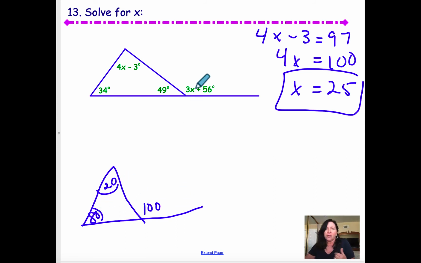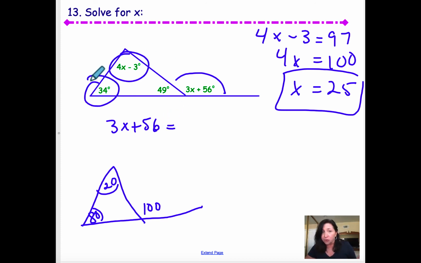So realistically, what they're expecting you to do is to say that angle right there, which is 3x plus 56, is equal to the sum of the two remote interior angles. So they're saying that is going to equal 34 plus 4x minus 3. Okay, what do we know?